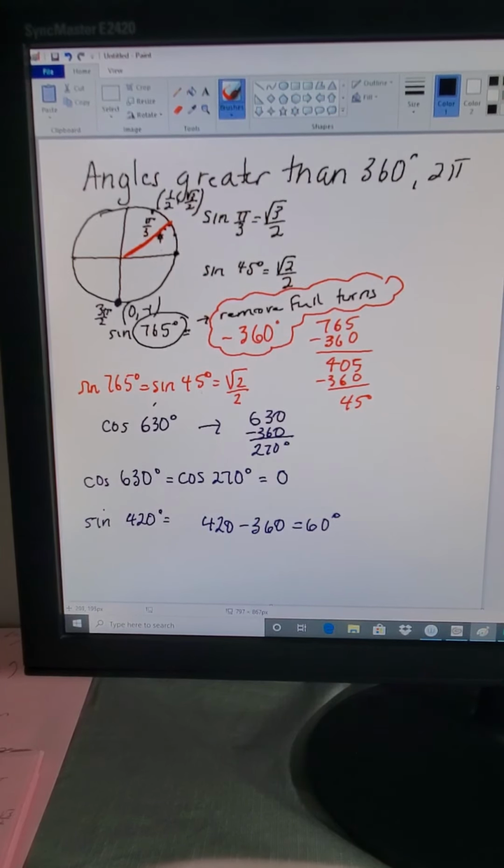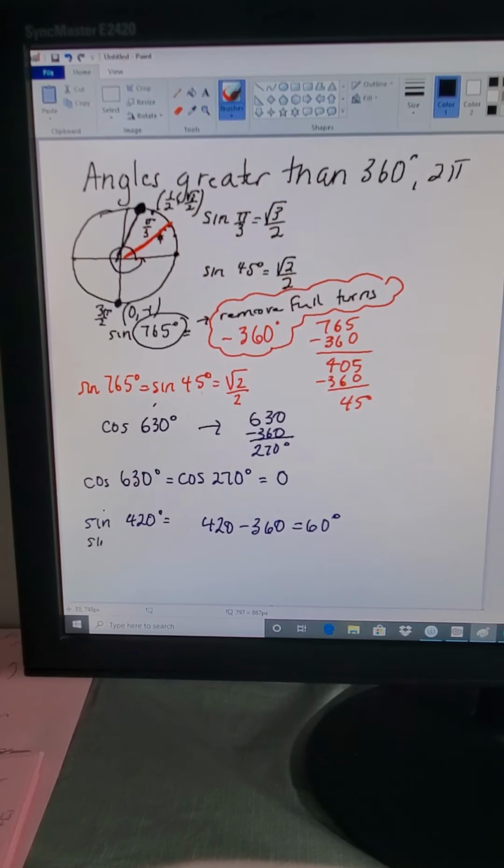So 360 would bring you back here, you complete another 60 and you're right over here. Every 360 degrees, you're back to where you started, so it's like you're just starting over. So it's equal to the cosine of 60, which is 1/2. So this was degrees.